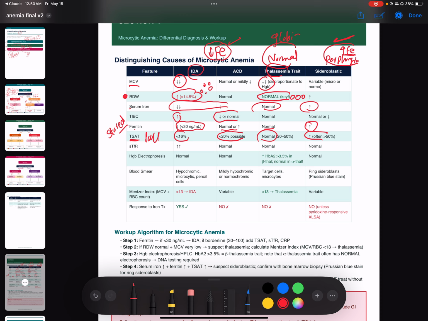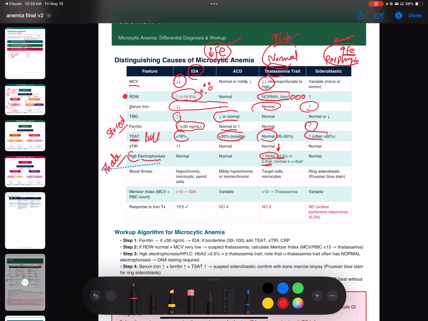The next marker would be mainly for thalassemia, so it will be hemoglobin electrophoresis. Hemoglobin electrophoresis looks at the globin, right? So if you have high HbA2, more than 3.5, that means beta thalassemia.